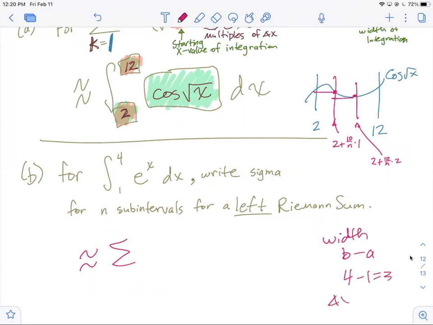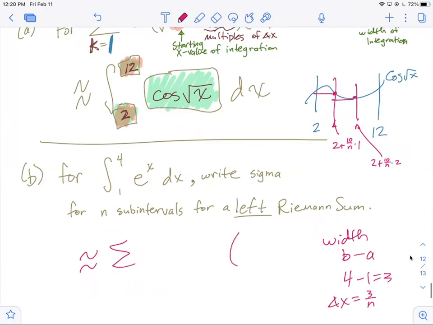So delta x is going to be 3 over n. So I know that my width is going to be 3 over n. There's your width. Times, now I just need the heights, which are going to be the y values. So how do I evaluate the function? E to the input? Well, it's going to be e to the input.